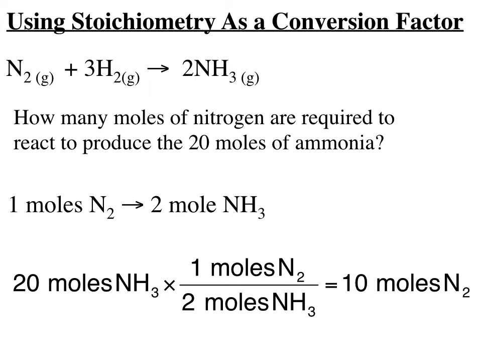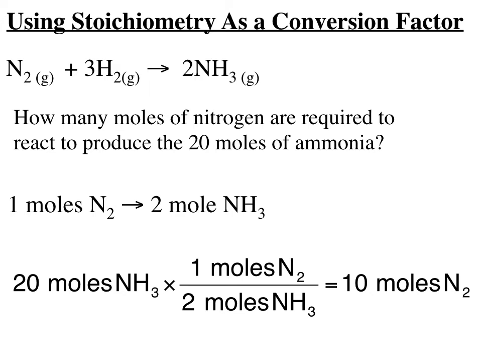Now again, I told you earlier that I could have done the same thing starting from the H2, which I used to find the 20 moles of ammonia. The previous slide says 30 moles of H2 reacted, and 20 moles of ammonia were formed. Well, just think of that. If I started with 30 moles H2 and I wanted to convert to N2, the stoichiometric coefficients between N2 and H2 are 3 and 1.